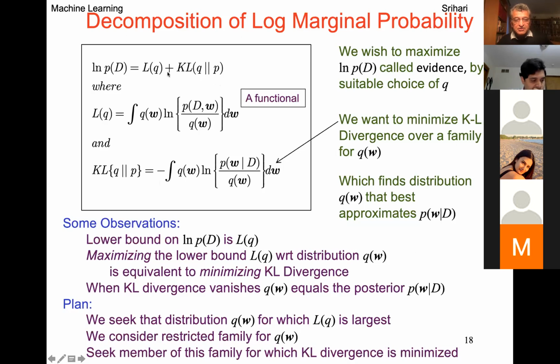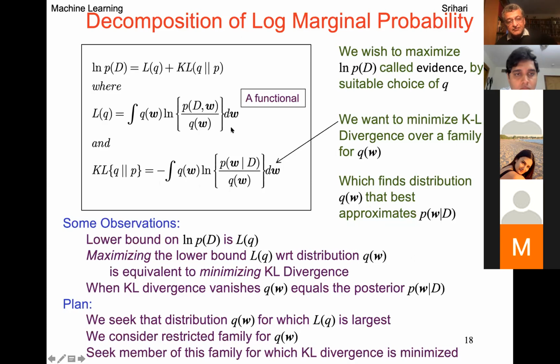We want to make that small because it's going to make this increase. So make KL as small as possible, ideally 0, which finds the distribution Q(W) that best approximates P(W given D).